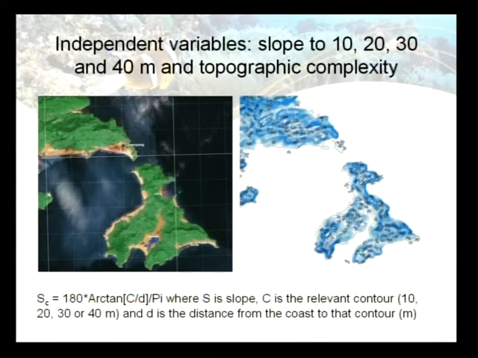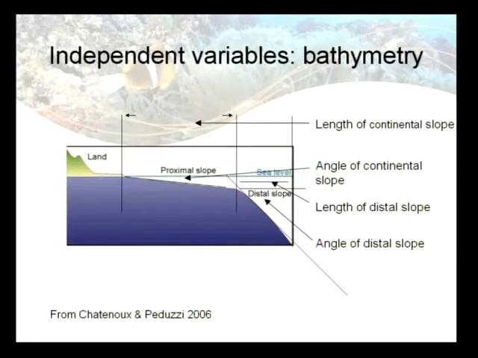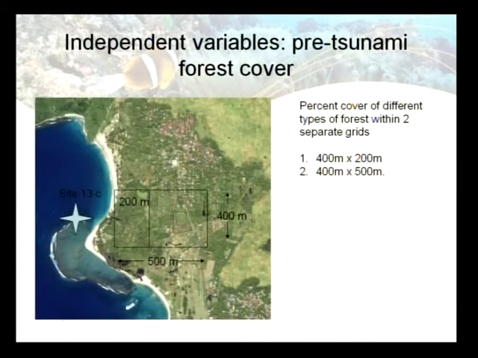So we got the topographic maps. We measured the slope to 10, 20, 30 and 40 metres as variables to put into our stepwise regression. Tsunami inundation and many features of tsunami are known to be controlled by bathymetry. So we went to all of our sites and we got a lot of bathymetric variables. And also from the satellite, we estimated pre-forest cover.